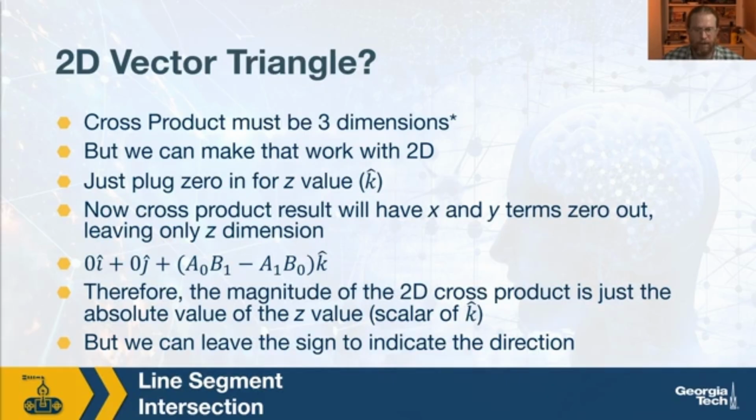So you might notice that to get the magnitude, there's no reason to do the square root of the sum of squares. You can just take directly the z value, the absolute value of that would tell you the magnitude. But we can leave the sign alone, like don't apply the absolute value. And that sign, the negative or positive associated with that z value that we get, will prove useful.